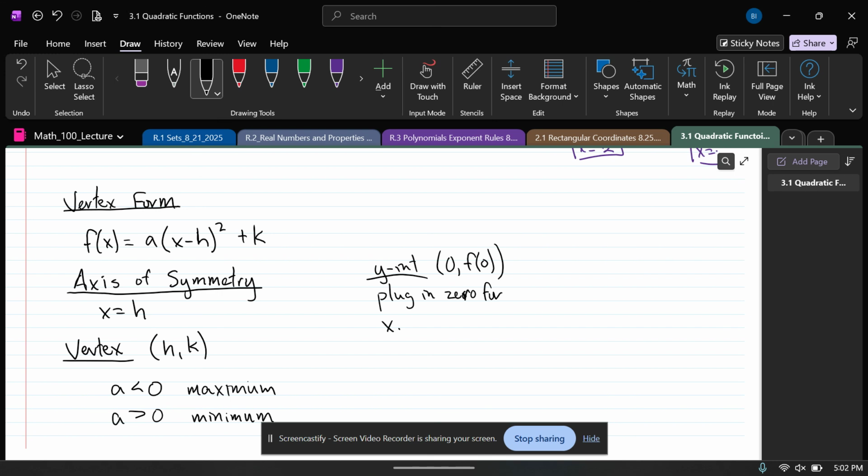For the x-intercepts, we're going to set it equal to 0. So a(x minus h) squared plus k equals 0. And we're going to solve by square roots. And I'll show you this with our example, how it works out.